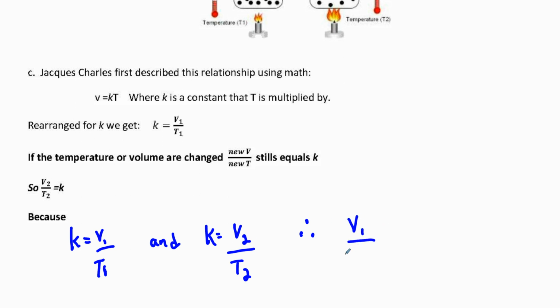Volume 1 divided by temperature 1 is equal to volume 2 divided by temperature 2. Just like we did with Boyle's law, if we know 3 of these 4 values, we can solve for the 4th one using this relationship.